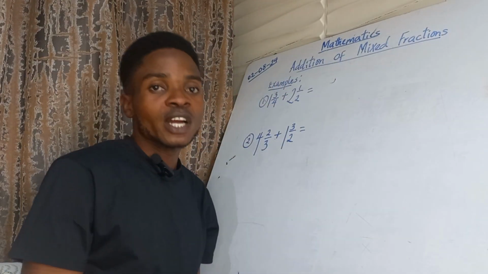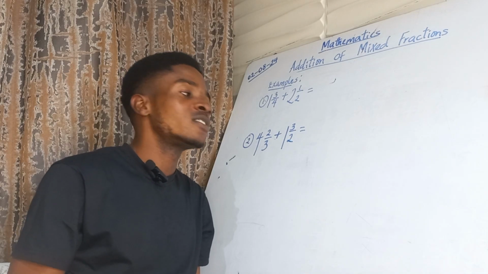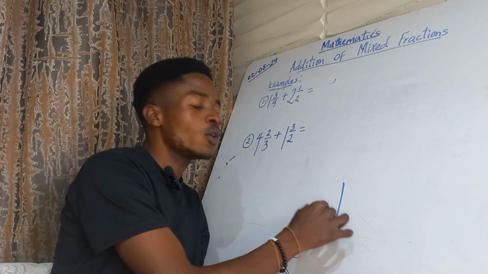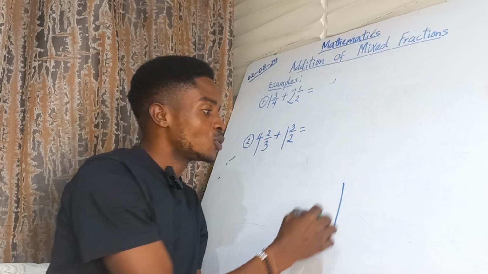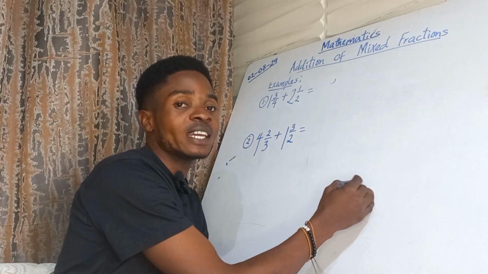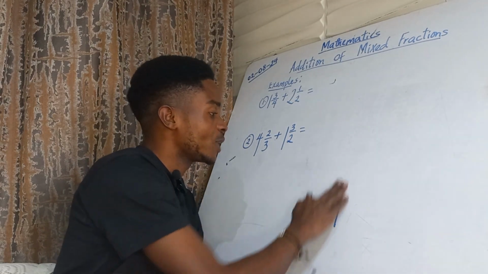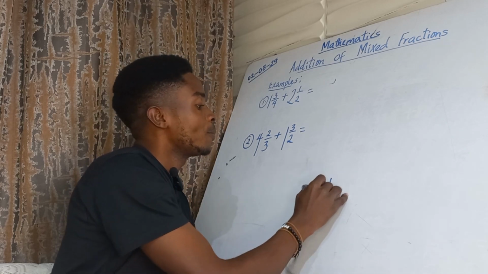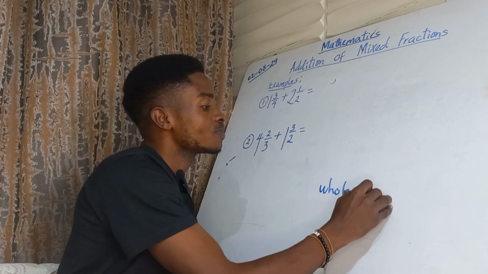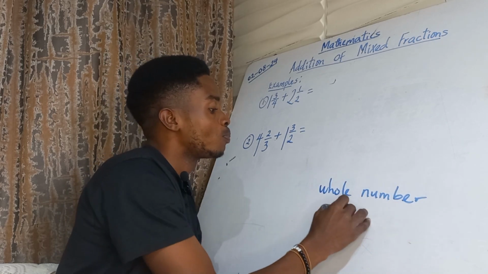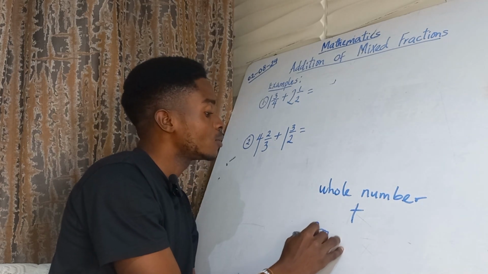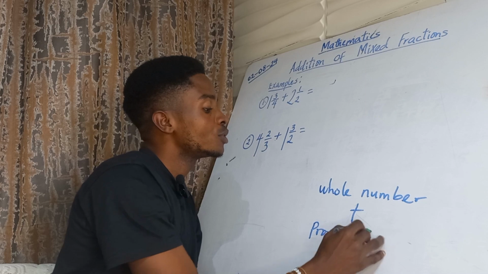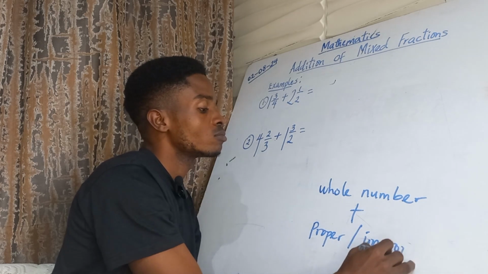What we call a mixed fraction is actually a situation where you have a whole number together with either a proper or an improper fraction.